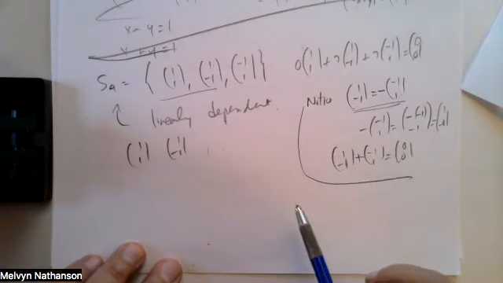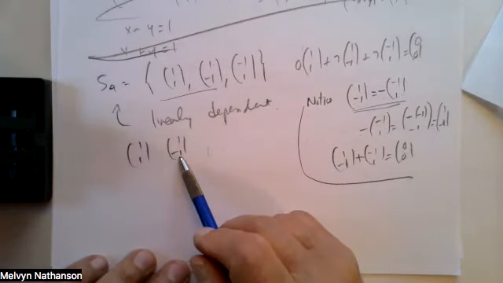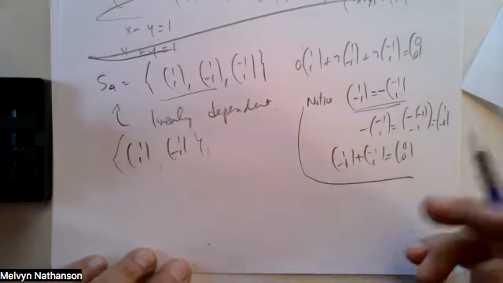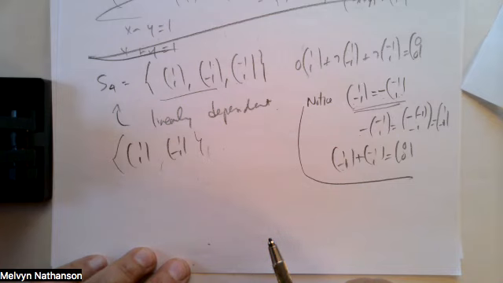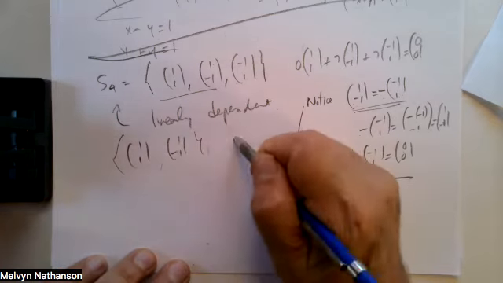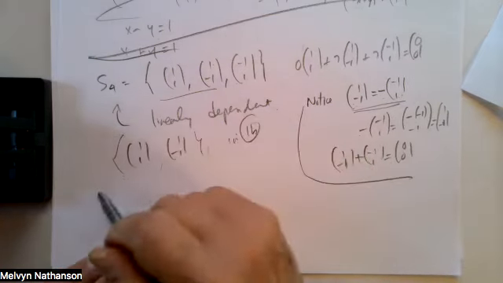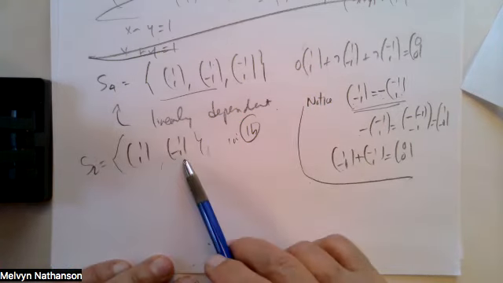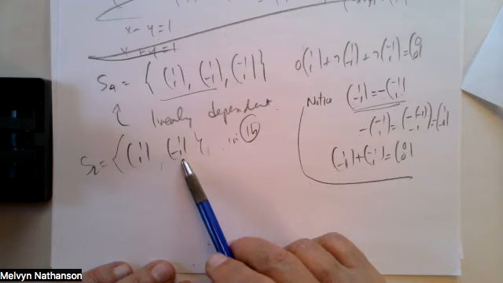Okay. But I claim these two vectors are linearly independent. And in fact, I already did that. That's the set S2 in part B of problem 1. So I know these two vectors are linearly independent.